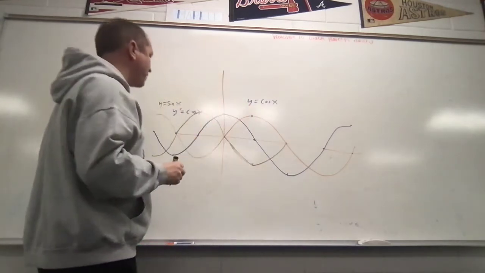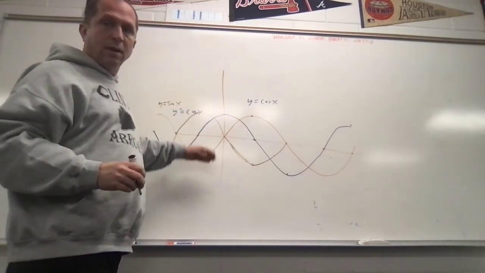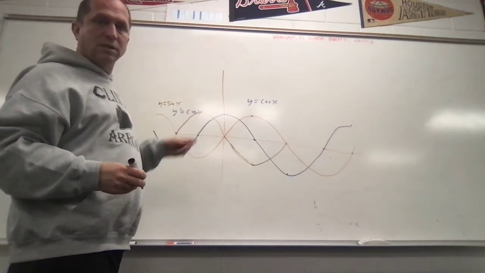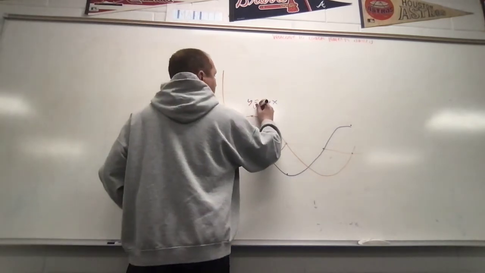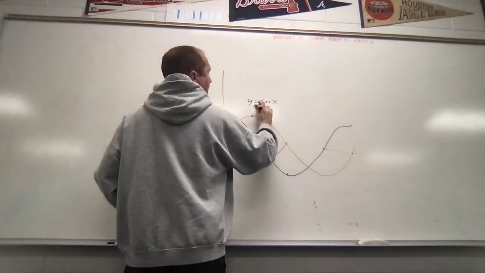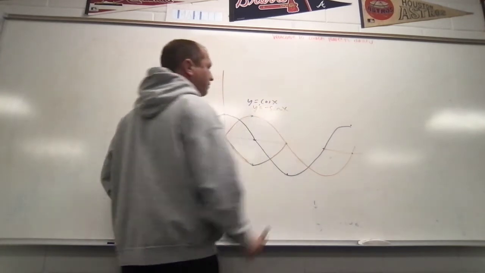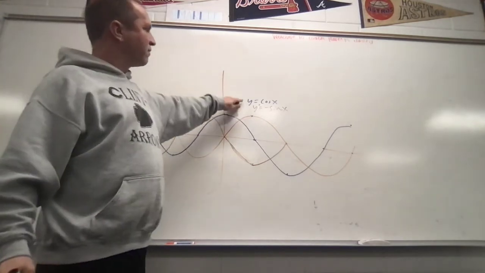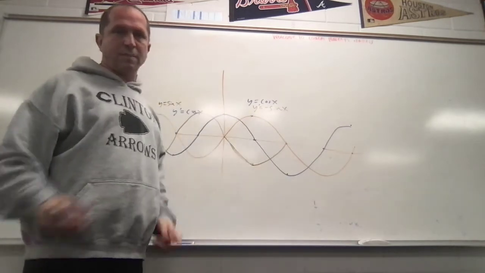So what winds up happening is this brown graph is not the orange graph, but it rotates it about the x-axis, so it's actually the negative of that. So y prime is not the sine of x, but y prime is the negative sine of x. So the derivative of sine of x is cosine of x. The derivative of cosine of x is not sine of x, but it's the negative of sine of x.